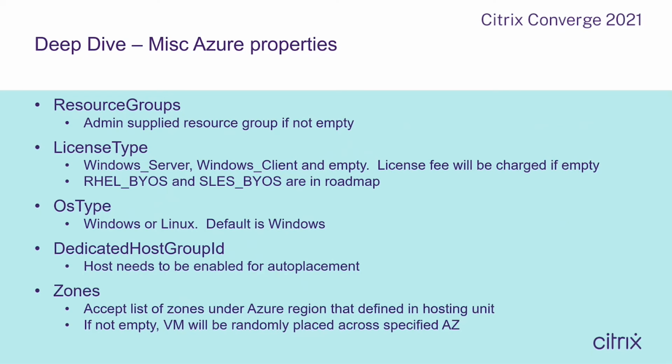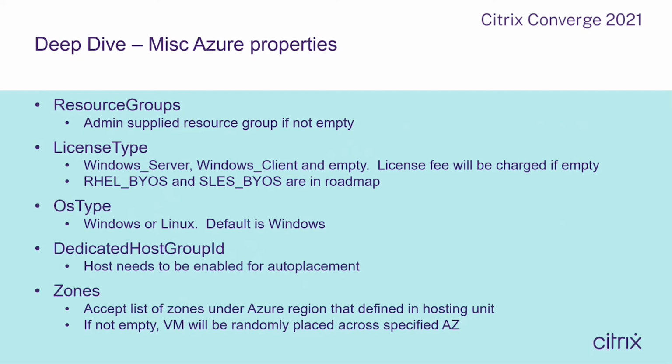Of course, bring your own license means you have already paid for your own license to Microsoft. There are other license types, the Red Hat and the SUSE BYOS, which are on the roadmap. And in terms of OS type, today there are two types, Windows and Linux, and the default is Windows.